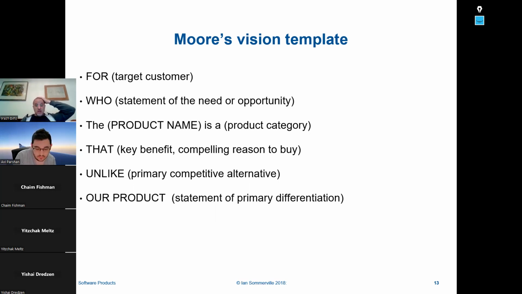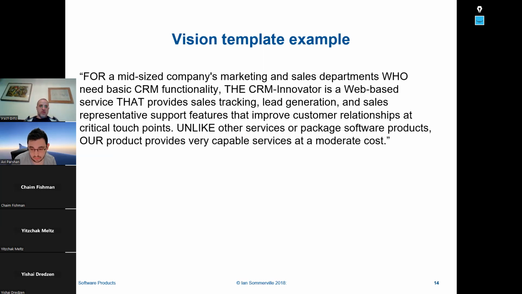The key benefit, the compelling reason to buy it, is that it helps you make more money by offering better tiulim by locating flowers. And it is unlike Google because Google only tells you where the flowers are, but not what seasons they bloom in. And our product, unlike Google, our product finds flowers. So here's an example.